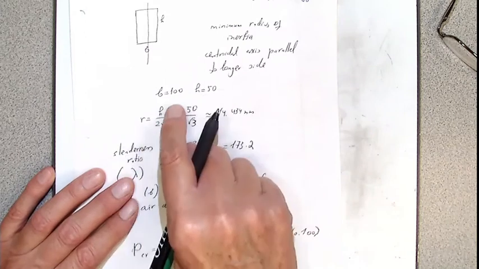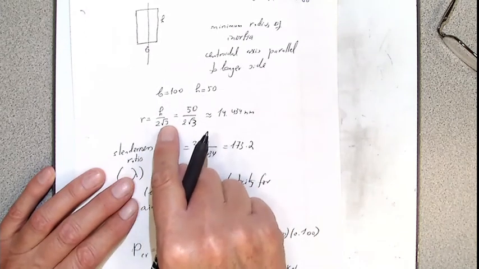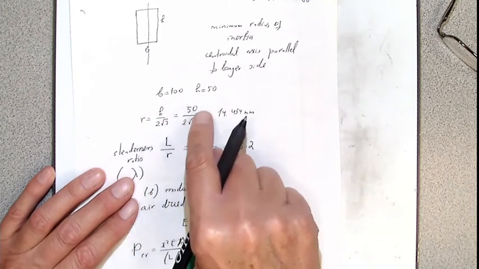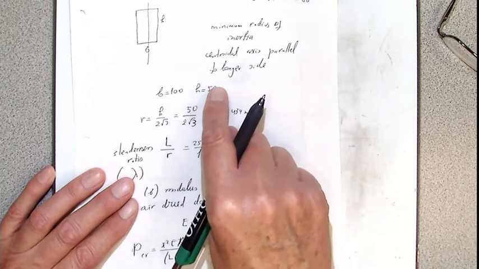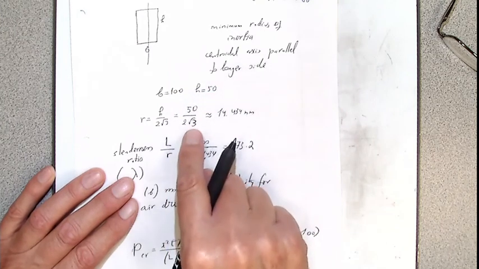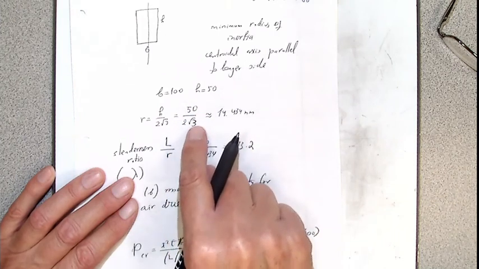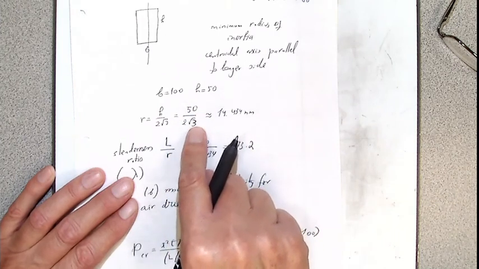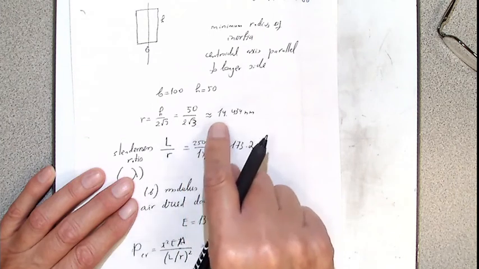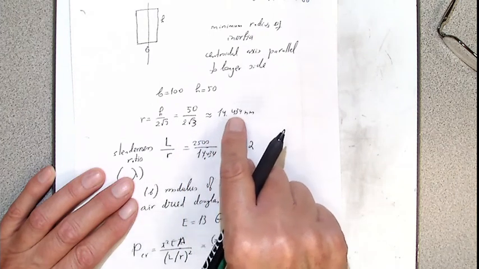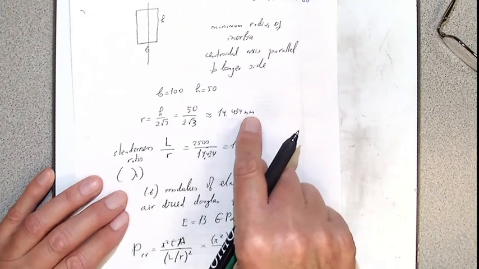R equals H over 2 square root of 3. So H equals 50, over 2 square root of 3. So that equals 50 divided by 2 divided by 1.69 or something, which will be 14.434 millimeters.